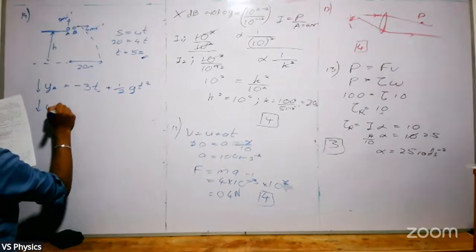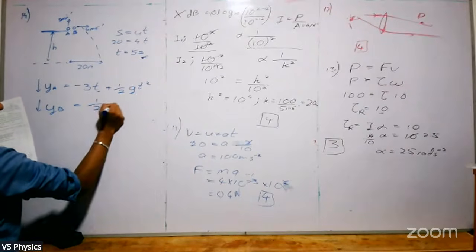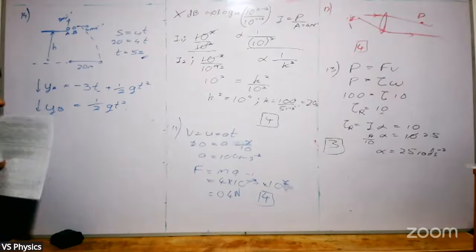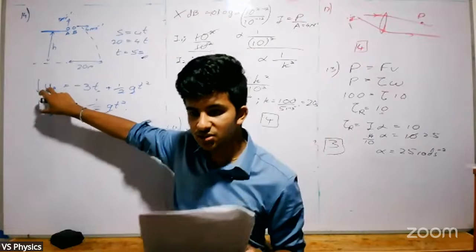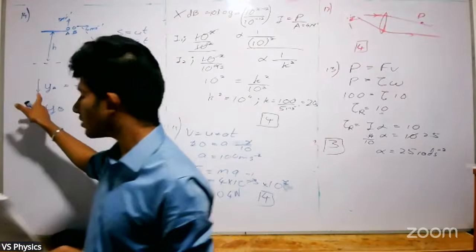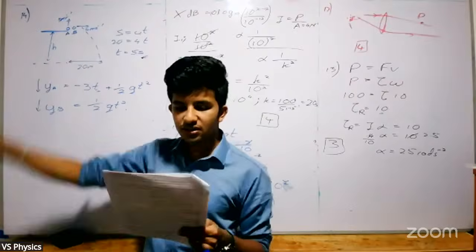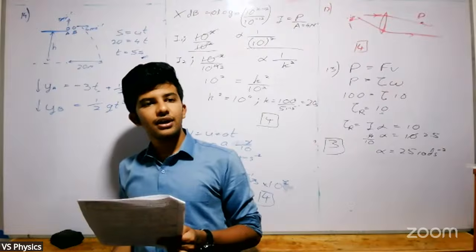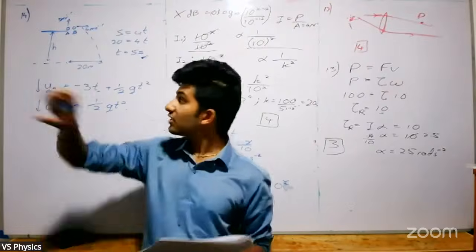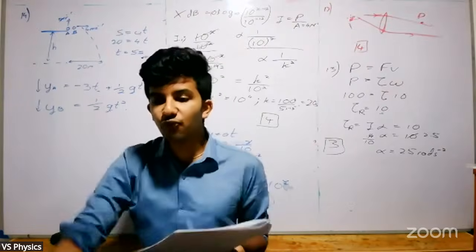Downward displacement of B, YB, is equal to half g t squared. Now if we find the difference between these two values, we can find the maximum height difference between these two particles when they are falling.